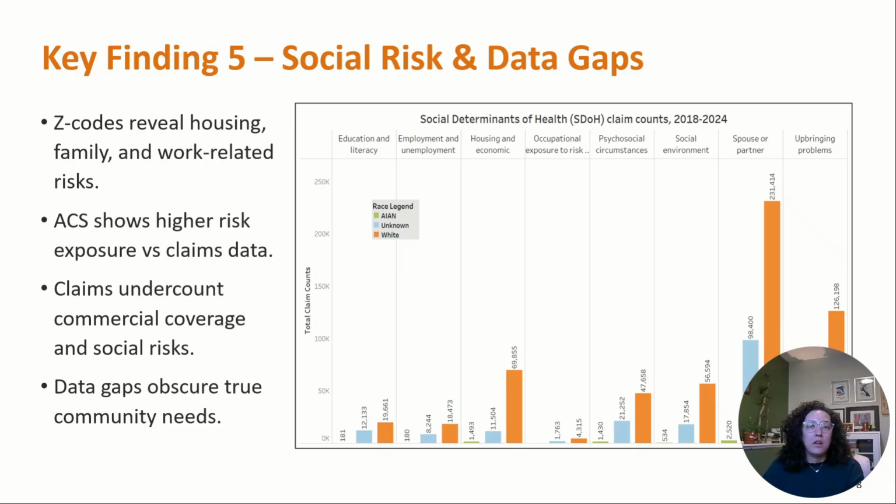When we compared it to census data, it was clear that claims only show a small slice of what people are actually experiencing. And one of the biggest lessons from this project: even our best data sets still miss a lot of lived experiences. So combining them is really important. Claims are great for showing where care happens, but not necessarily why it happens or what's missing in between.